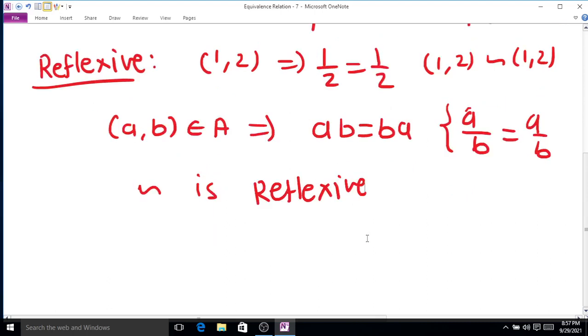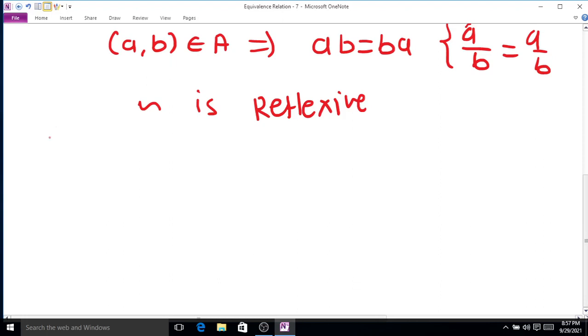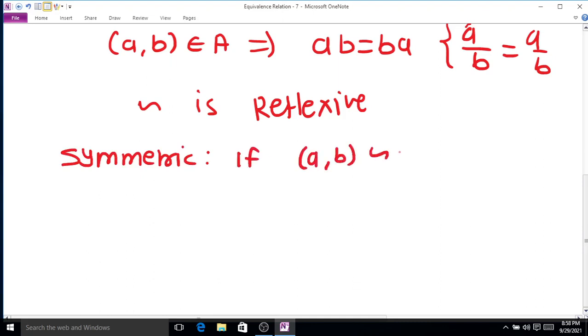Now to check whether it is symmetric or not. If (a, b) is related to (c, d), we want to show that (c, d) is also related to (a, b). Now (a, b) is related to (c, d) implies ad is equal to bc.